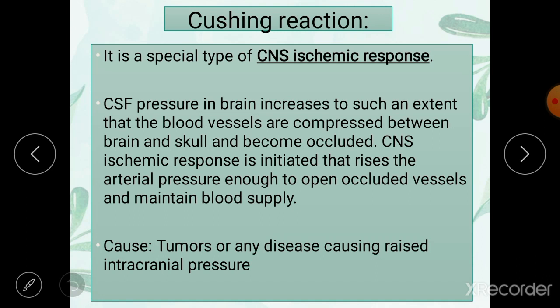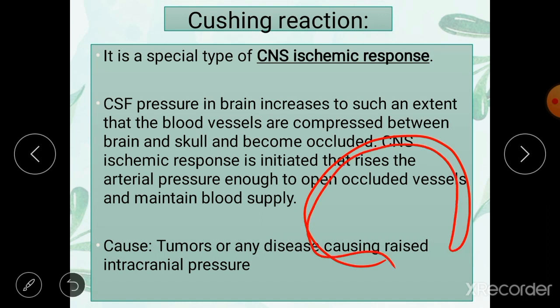Now what happens is, as you already know, that if this is your skull, the bony part of your cranium, and your brain lies within it, and there are present blood vessels between the brain and the skull. If there is raised intracranial pressure, it is going to push your brain or swell your brain, and it is going to push it against the cranium.